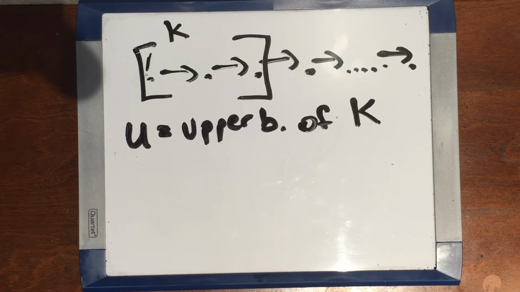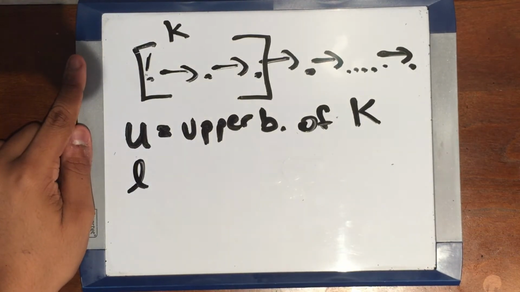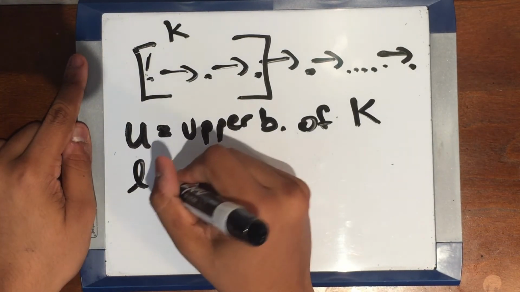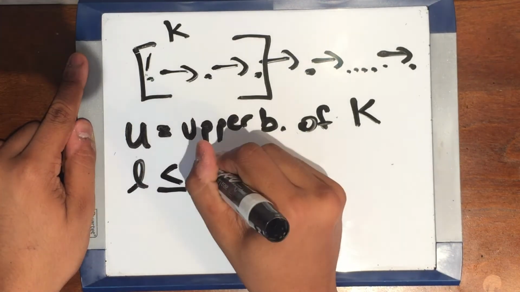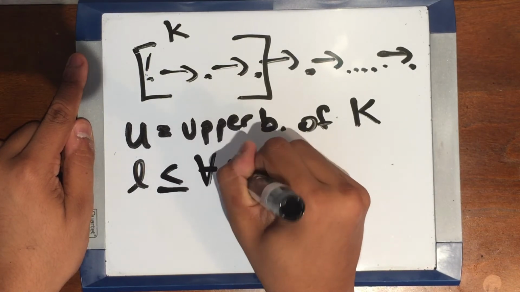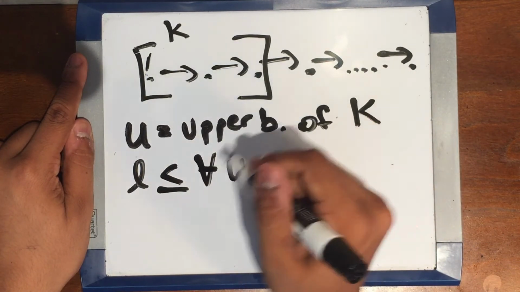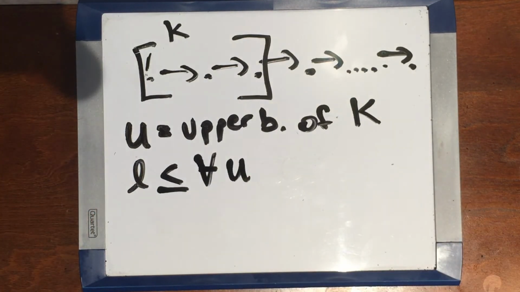If that last statement is indeed the case, then let's suppose that L is our smallest element of the set U. So there exists an L that is less than or equal to all U. Okay? And this upside down A just means all in set terminology.